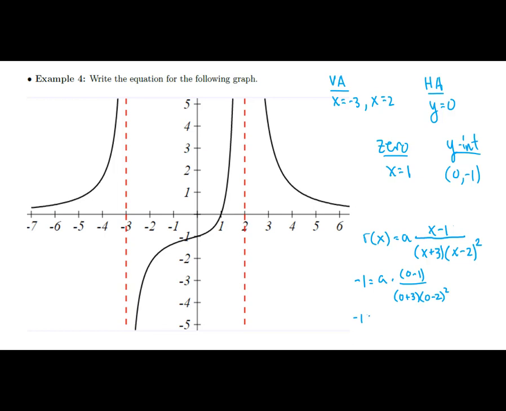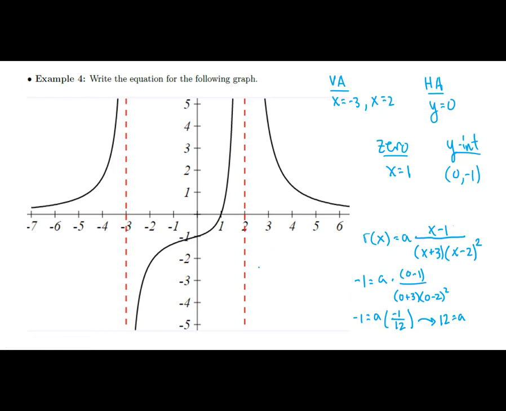So -1 should equal a times -1 over, and so that'll be 3 times 4 is 12. And I'm kind of running out of space here, but when I multiply both sides by -12 over 1, we get 12 is our a value.